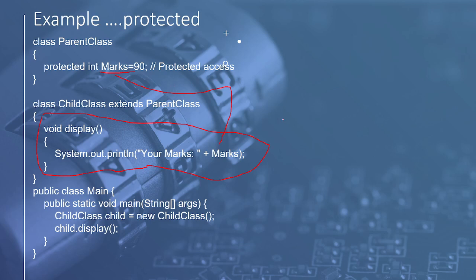So marks in the parent class are accessed by the method display in the child class, because it extends the parent class. And when we create an object of the child class, not the parent class, we can access the method display, which actually will get the marks from the parent class.